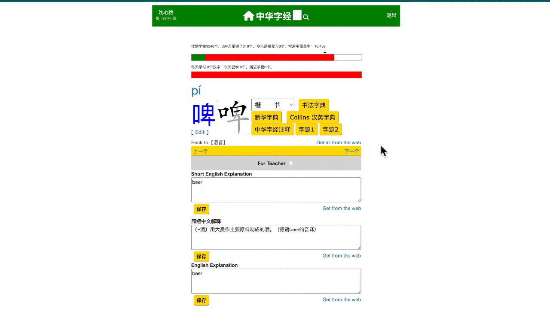Another very good example is engine. Chinese industrialization was very late, so when the Chinese first saw this type of thing, it was completely foreign and new.